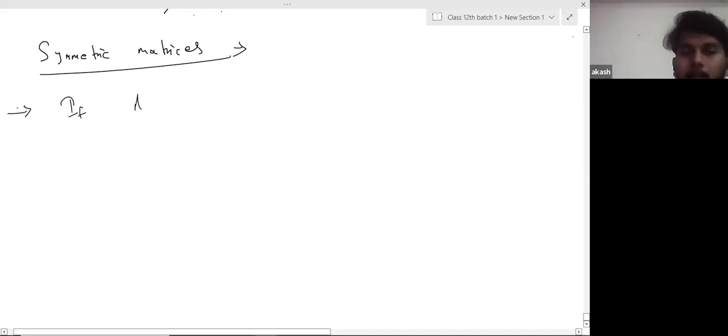If you interchange the rows and columns, then the matrix remains the same.